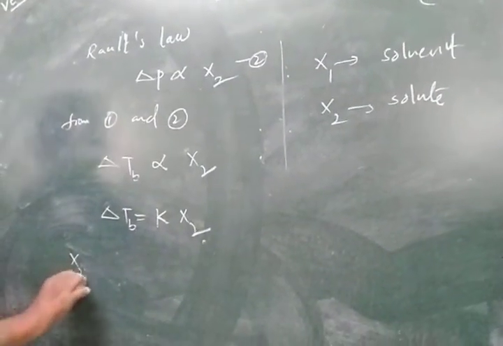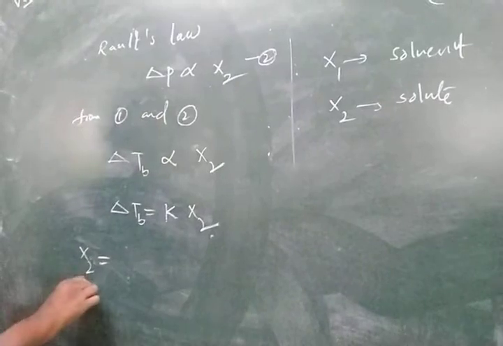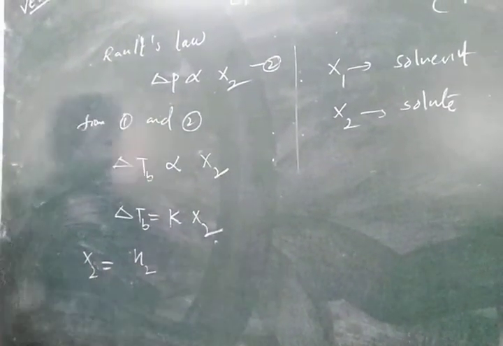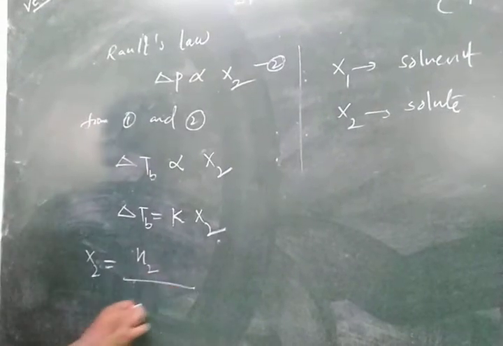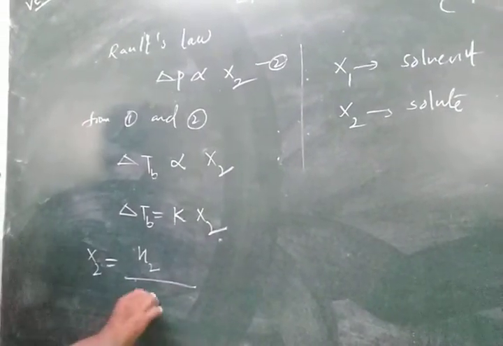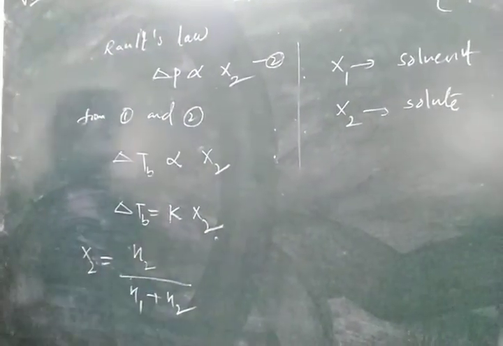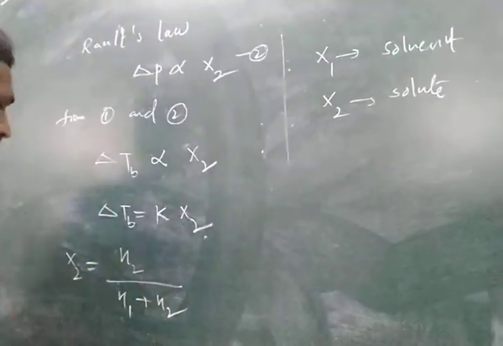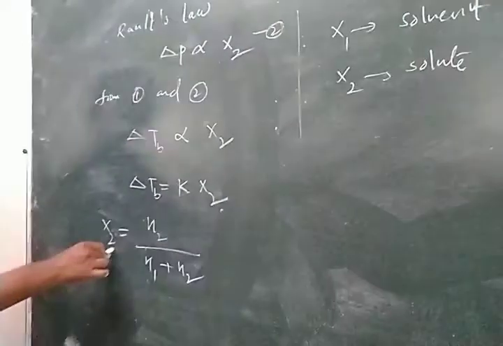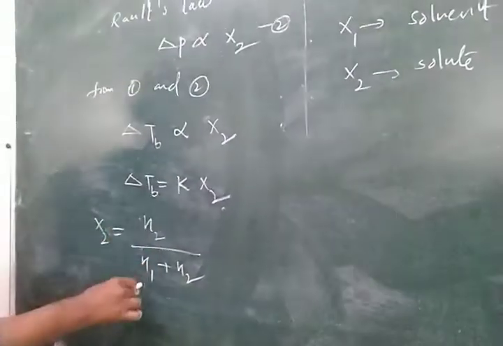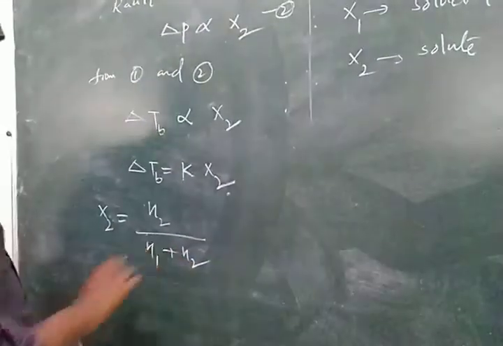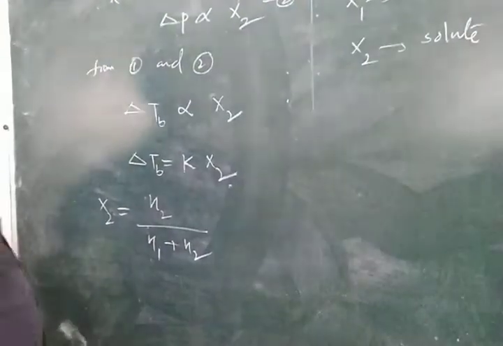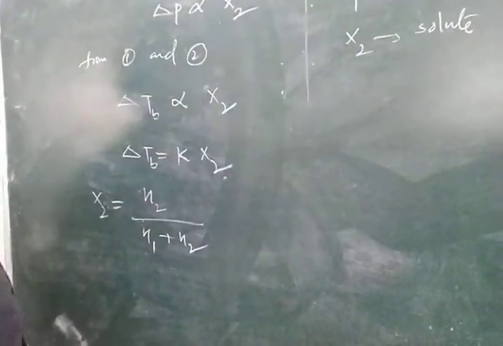You know that the mole fraction of solute equals the number of moles of solute divided by the number of moles of solvent plus the number of moles of solute. 1 always belongs to the solvent, 2 belongs to the solute. This is according to Raoult's law, which is obeyed for ideal and dilute solutions.